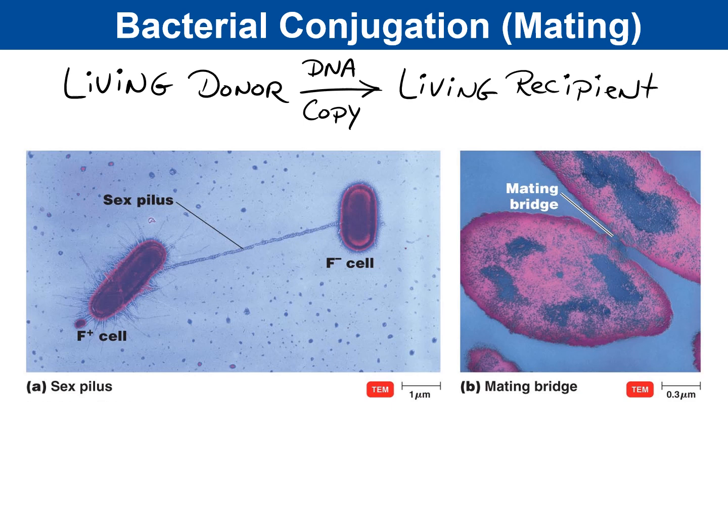One we would refer to as a gram-negative arrangement here through the sex pilus. So gram-negative cells that are able to undergo bacterial conjugation will produce a sex pilus if it's what's called F positive.